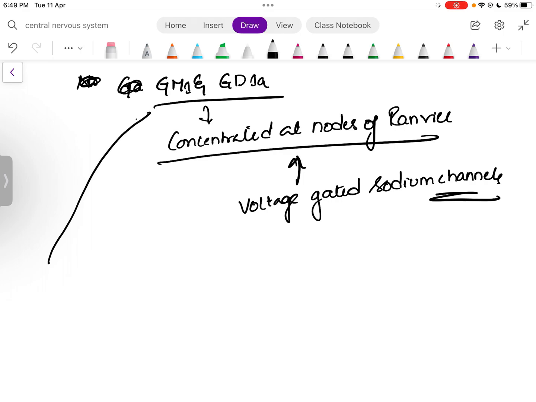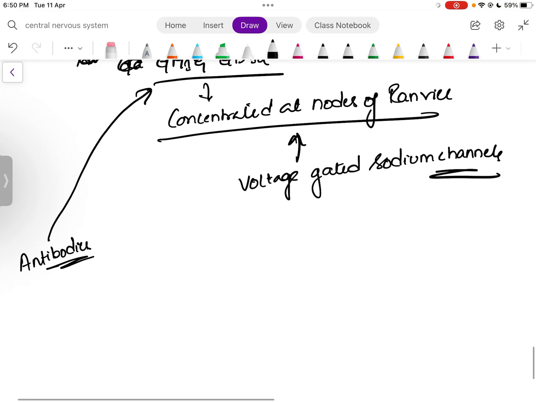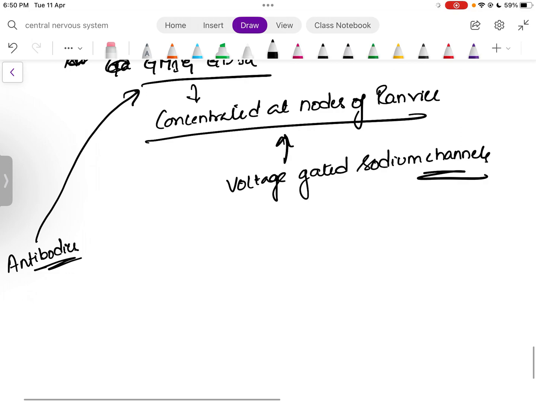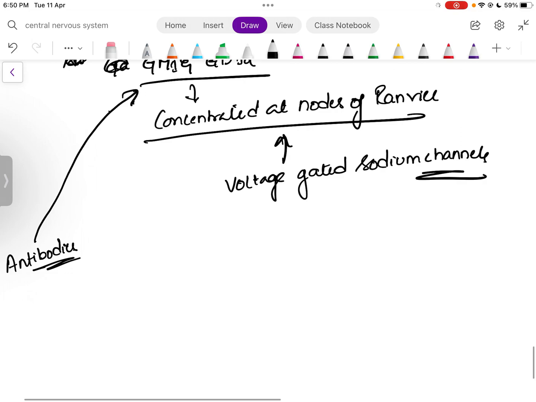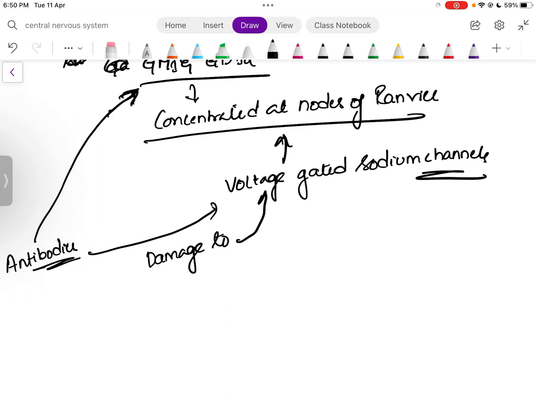Antibodies to GM1 and GD1A will cause damage to the GD1A and GM1, and this will cause damage to voltage gated sodium channels also.